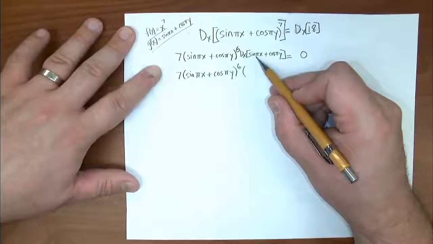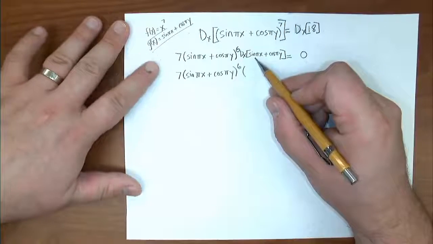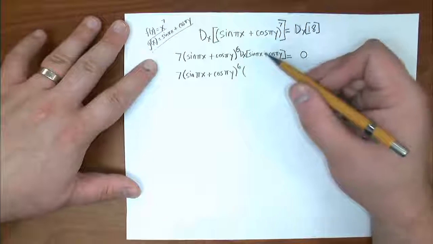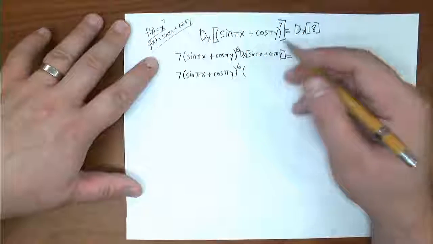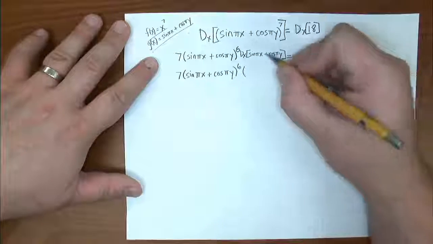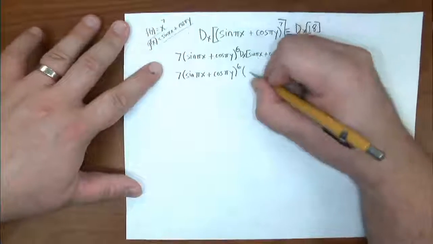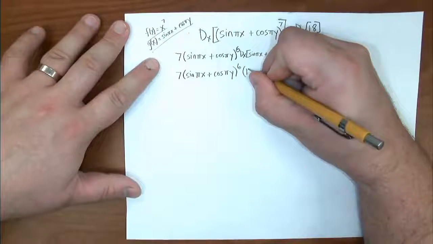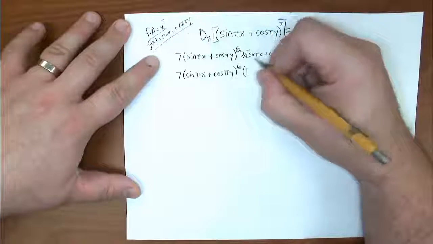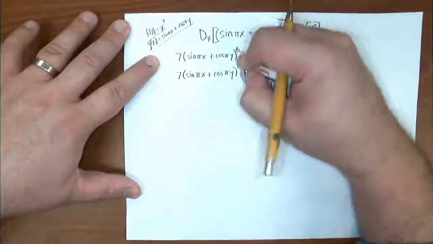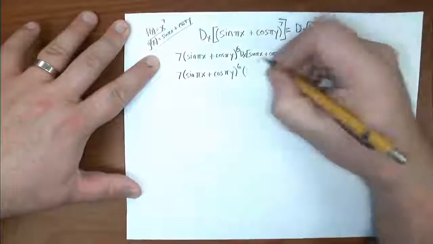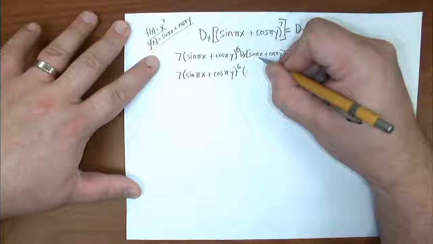It's sine pi x. Now, that's actually another chain rule. Because you have sine x, that's the easy derivative, that's just cosine x. But along with that x, you have pi x, so you have to use the chain rule. So we need to take the derivative of sine pi x. Let's just go ahead and use the chain rule. Okay, let's define here.